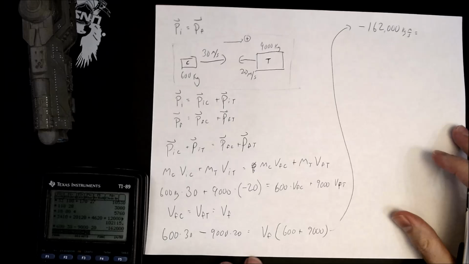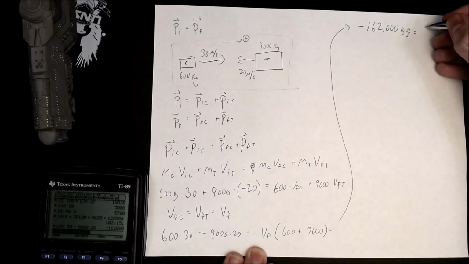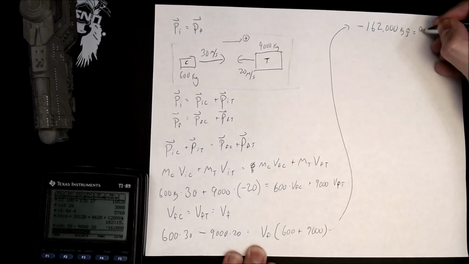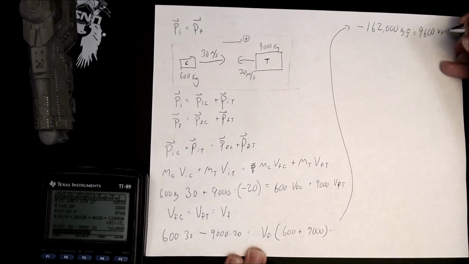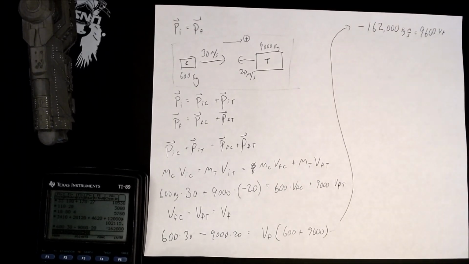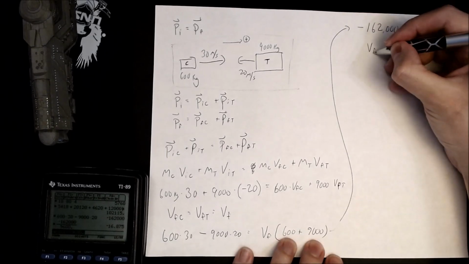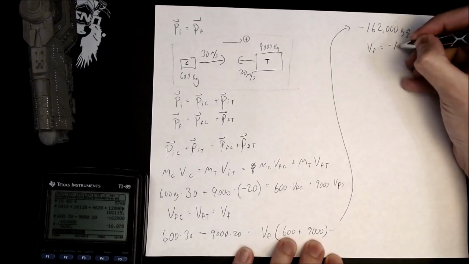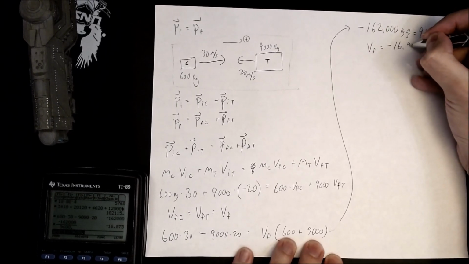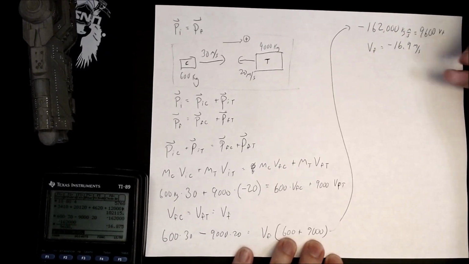And that's going to equal all this on the right, which is going to be 9,600 V final. And then we can divide this by 9,600 and throw in a decimal point like that and find that V final must be negative 16.9 meters per second.